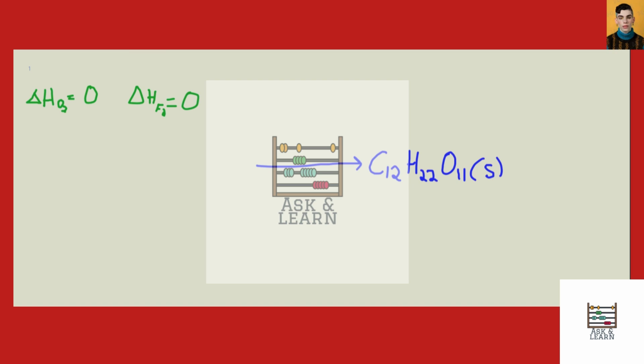So the equation for the reaction whose delta H is the standard enthalpy of formation of sucrose is actually going to be the individual elements in their standard states coming together to form sucrose.